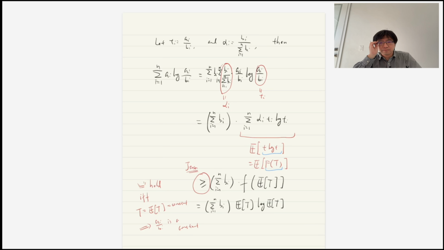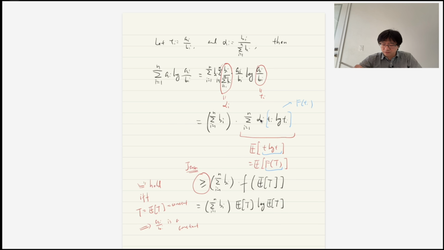About that t log t, how does the sigma alpha i t log t become the expectation of t log t? Can you do that again, please? No problem. This function is f(t_i), and the expectation of a function is, by basic definition, the sum of alpha i times f(t_i).